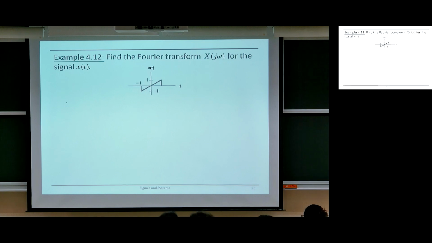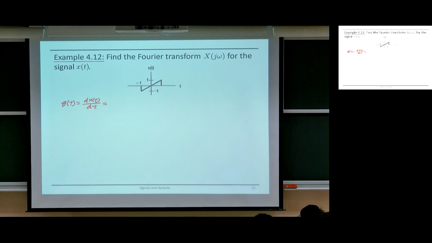So suppose you let g of t be equal to the derivative of x of t. When you take the derivative over this slope here, you should get a constant 1. And for these two parts here, you should get a constant 0.